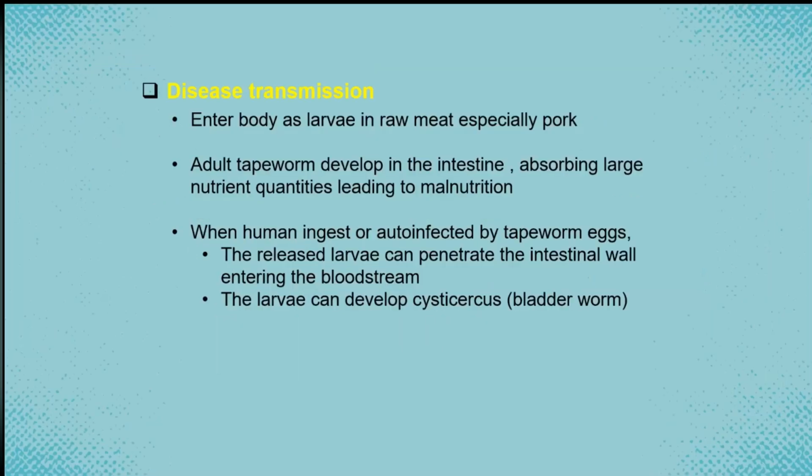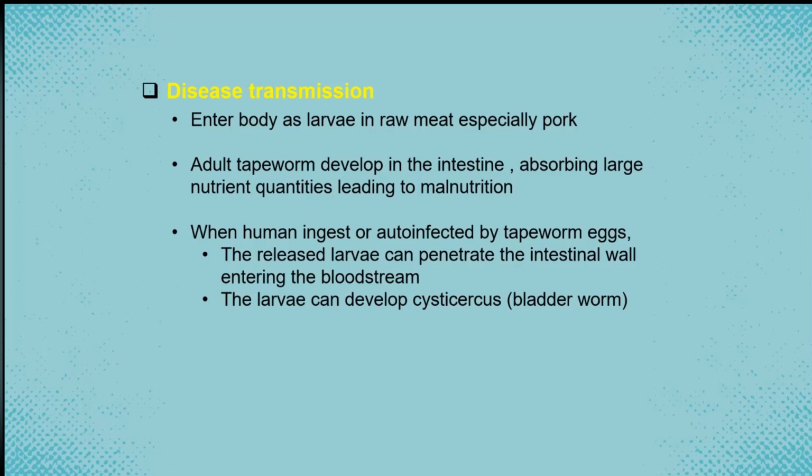For disease transmission, it can enter the body as larva in raw meat, especially pork. The adult tapeworm develops in the intestine, absorbing large nutrient quantities, which can cause malnutrition.